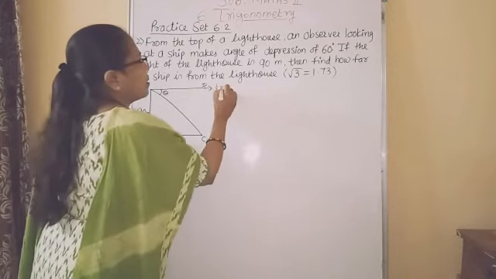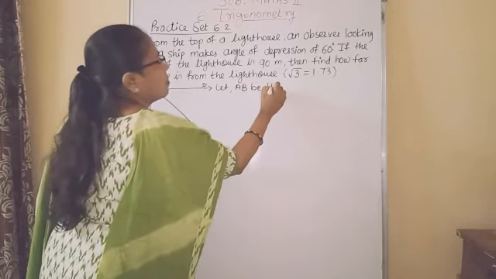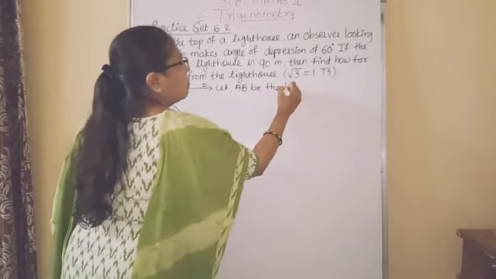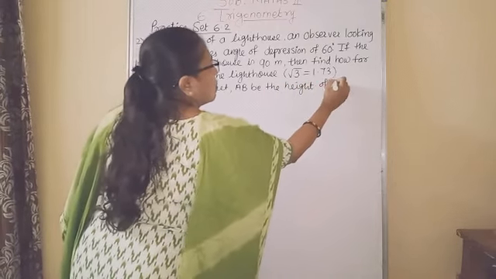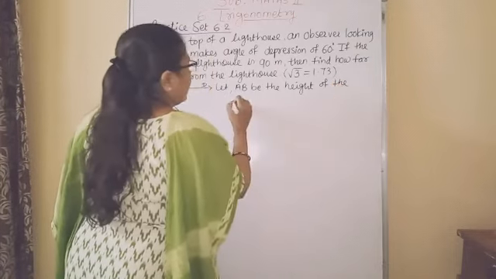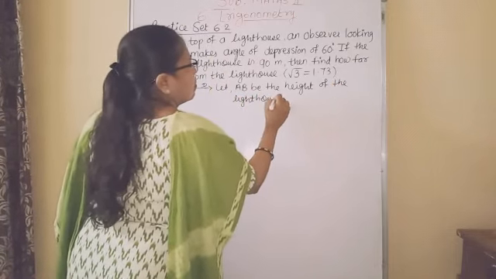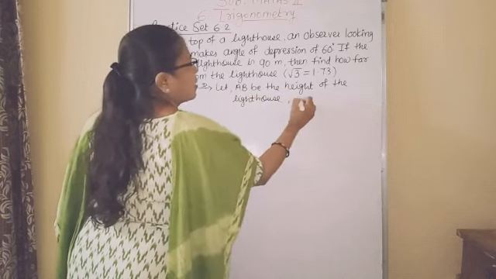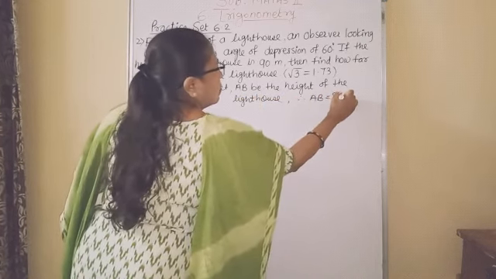Now we will explain the figure. Here let AB be the height of the lighthouse which is given in the question. Therefore, AB is equal to 90 meters.